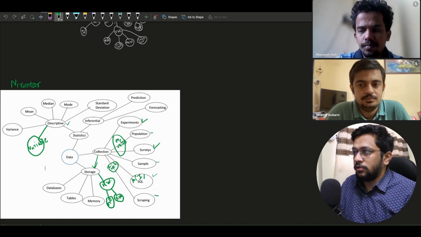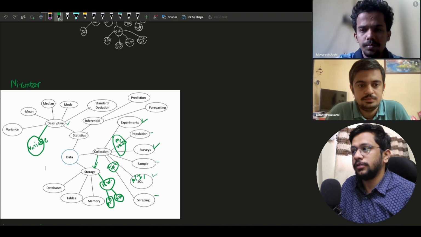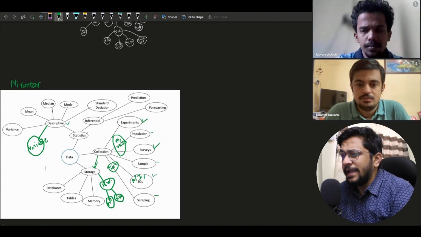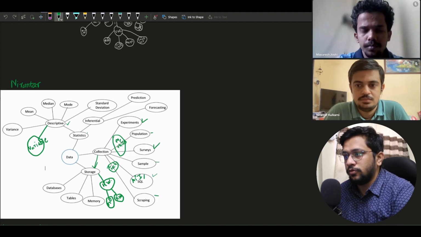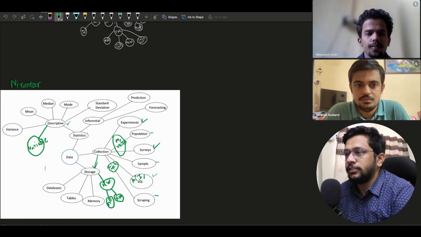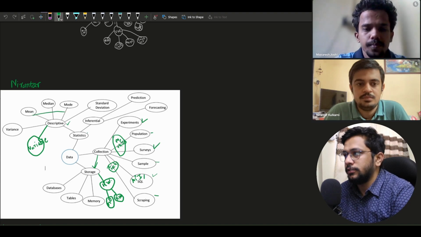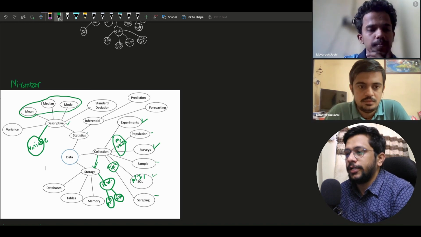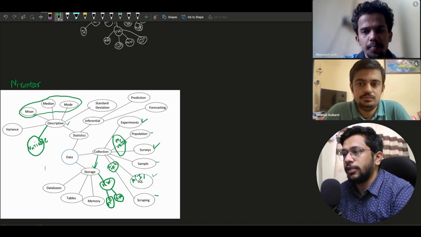नाउ द मेथड यू हैव मेंशन्ड, variance, mean, median, mode, standard deviation, is kind of you can say aggregation for mean, median, mode, because those are aggregation methods. These three, you are going to aggregate data at some point, that's why you are using these methods, or you are going to check the distribution on aggregated data. मान लेते हैं कि you have 10,000 data points, and each have different value for, let's say, dollar to rupees conversion.